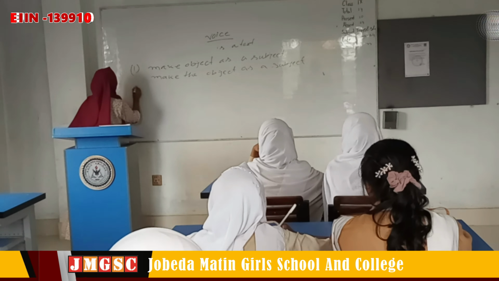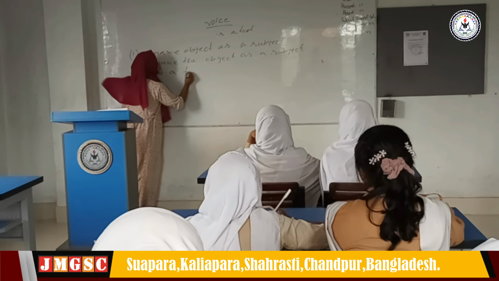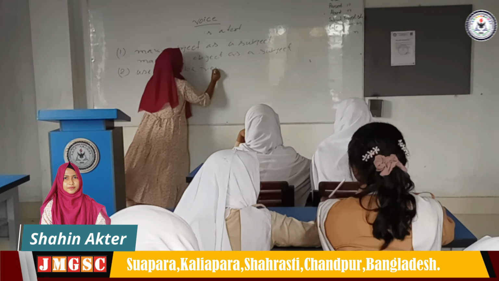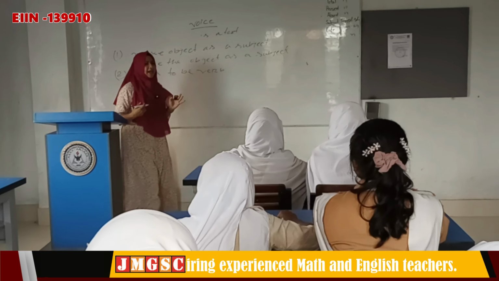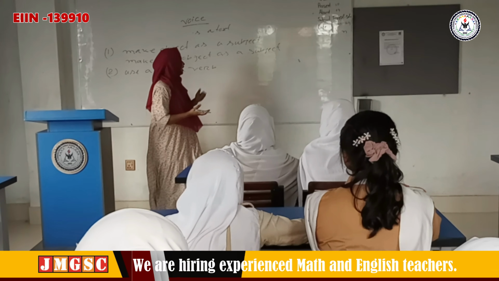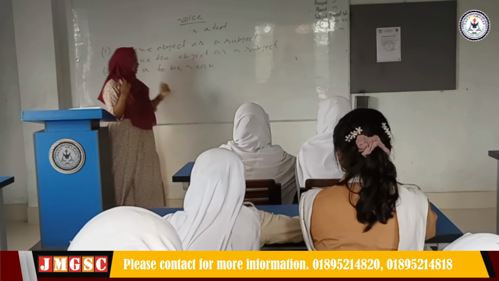Rule number 2 is you have to use a to be verb according to the tense. It could be am, is, are, was, were, have, had, has, anything.